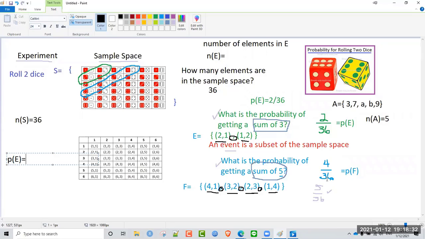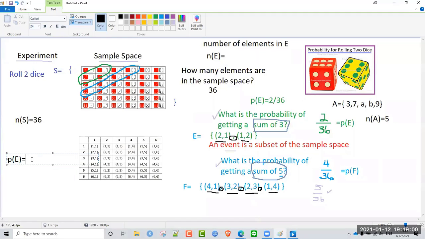The total number of elements in the sample space, the number of elements in S, right? We also did this one here, when the sum was 6. So where did that 5 come from? Well, anyway, let's not do that.